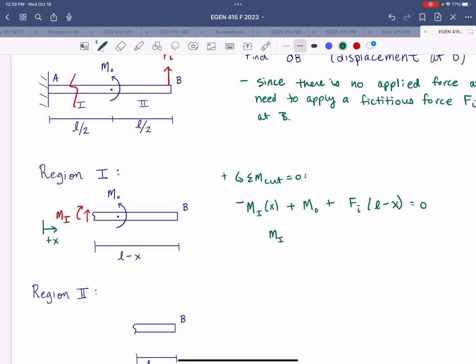So the moment in region 1 as a function of X is equal to M0 plus Fi times L minus X.